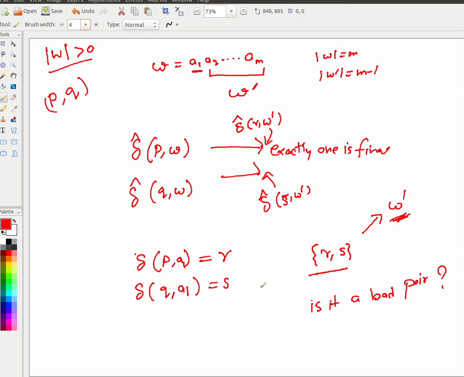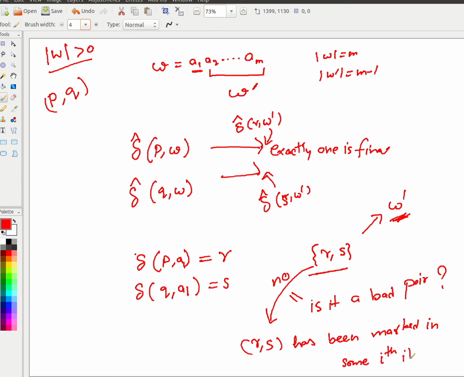If R and S is not a bad pair, then what does it mean? If the answer to this question is no, then R and S has been marked in some ith iteration.